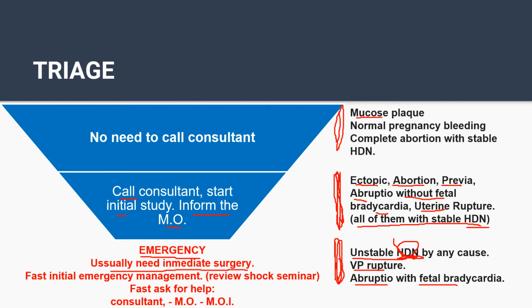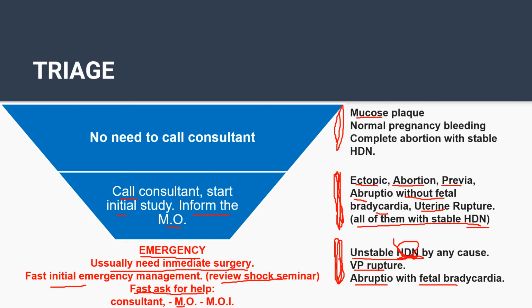Of course, you cannot do the surgery alone. You need to talk with the EMO on call, but the concept here is that you have to do all the things very fast. So it's fast initial emergency management. Review the shock seminar if you have doubts about that, and fast ask for help. The consultant, the EMO, or the MOI, the one that is in the hospital. That is the concept. You cannot wait for someone to take a car and come to the hospital, to take a matatu.